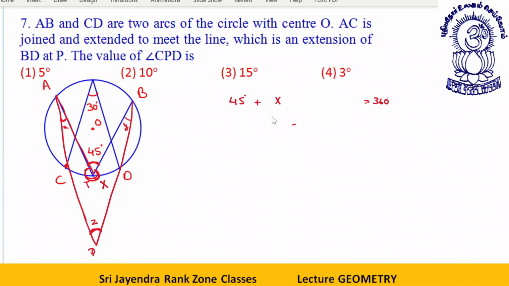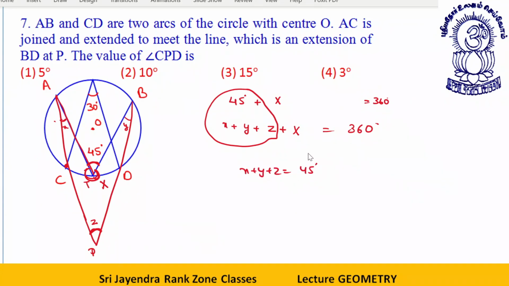So the sum of angles of a quadrilateral is 360 degree. So x plus y plus z plus this angle X is equal to 360 degree. Why? These four angles of a quadrilateral form 360 degree. So from here I can say x plus y plus z is equal to 45 degree. This part is done.